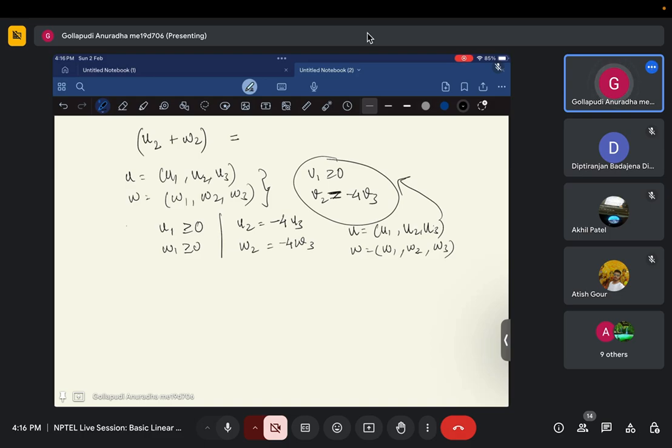So some linear combination, even this should satisfy this constraint if it is a vector space.